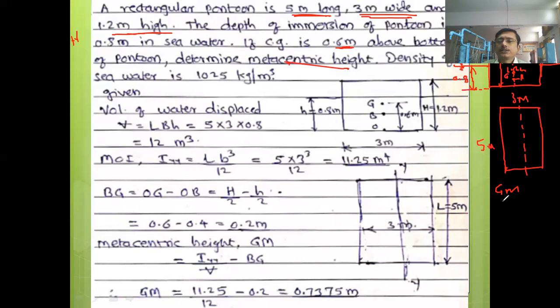If this GM distance comes positive, then we can say that this M is above Z. M may be either within the body or above the body, somewhere like this. And if the value of GM comes negative, then we can say that the position of M is below Z. Okay, just keep this in mind.